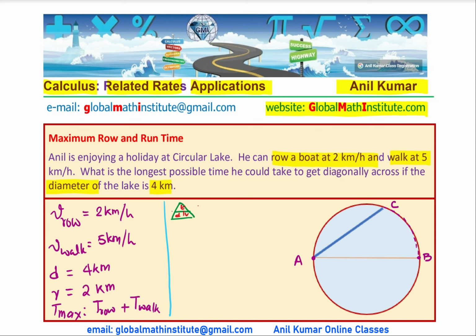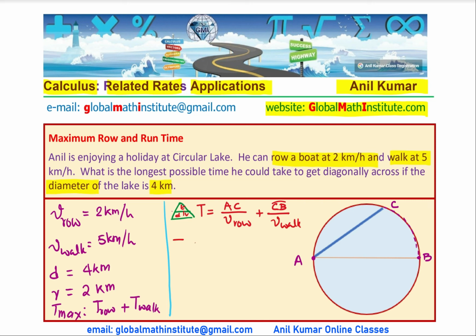Okay, so we know that the total time will be equal to the distance from A to C over the speed to row, right? And then walking time is arc CB over the velocity to walk.